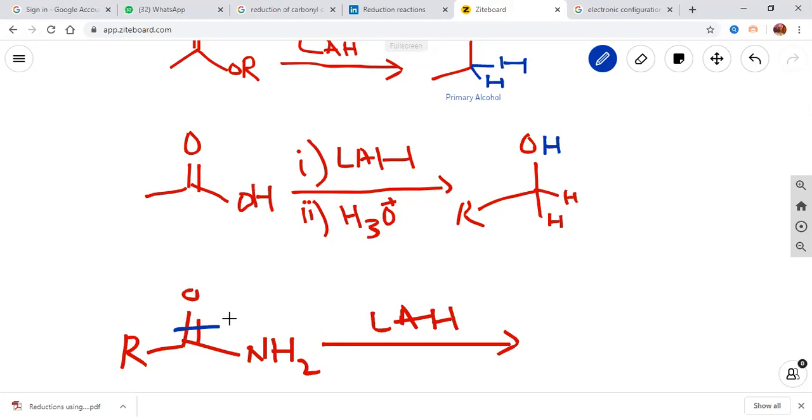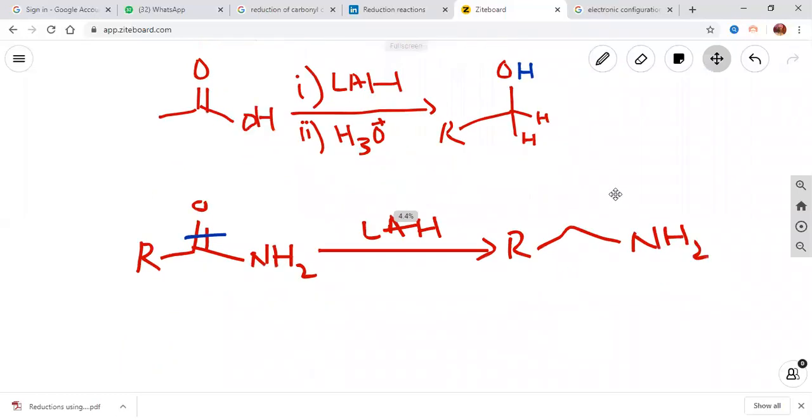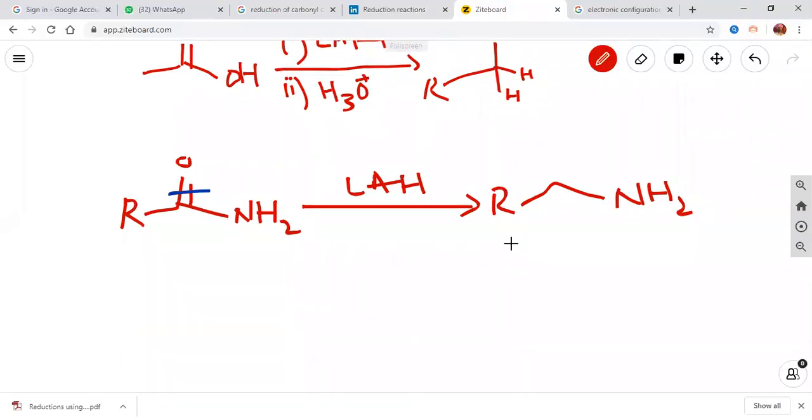This double bond collapses and it gets converted to primary amines.